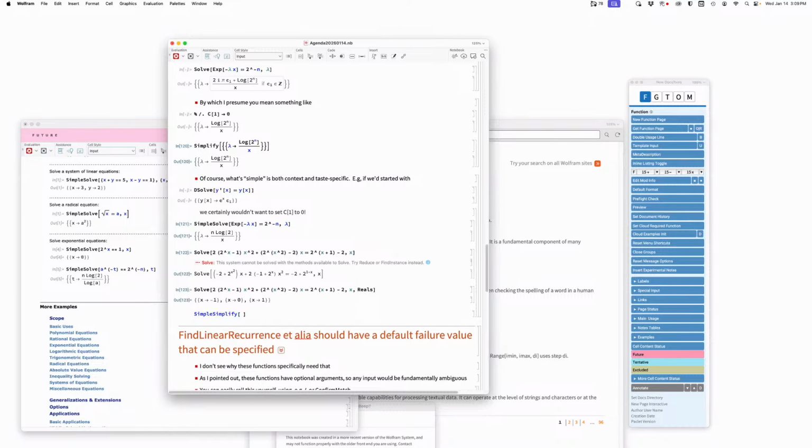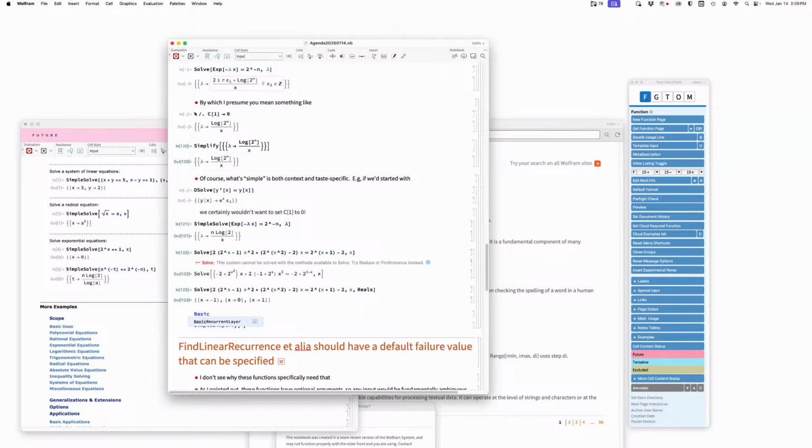I know, but if we have simple solve, we'll need a more suitable name. Should it be simple solve or real solve? Is simple solve different from real solve? It's not real solve, because the audience for this is not people who are doing complex analysis classes.